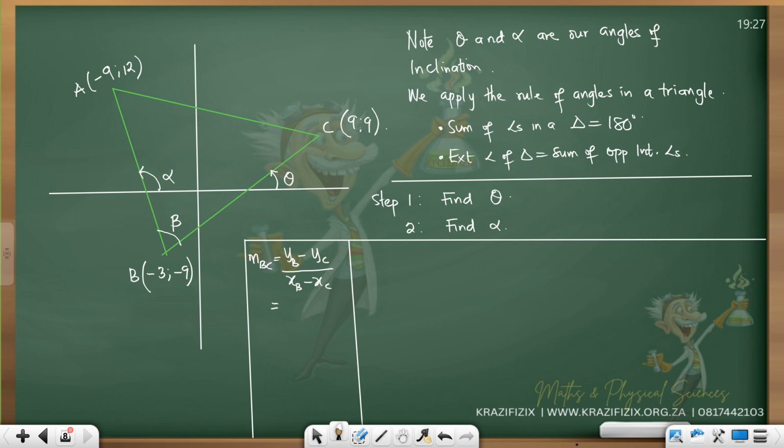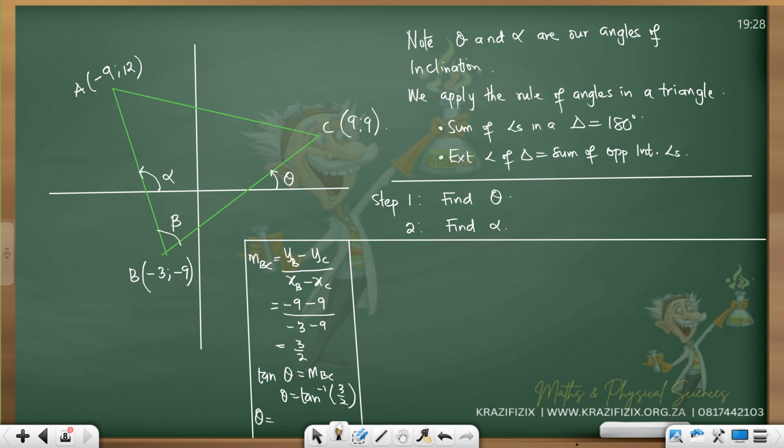Y value of B, x value of B is -3, and theta, gradient of BC, arctan of 3/2.